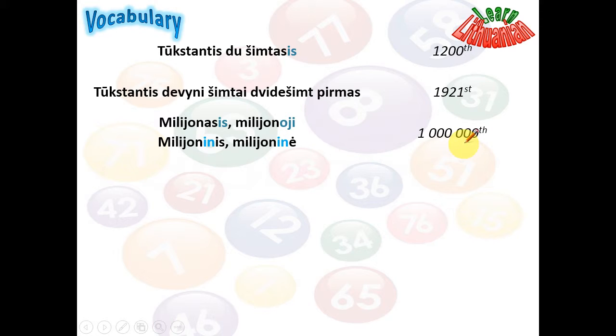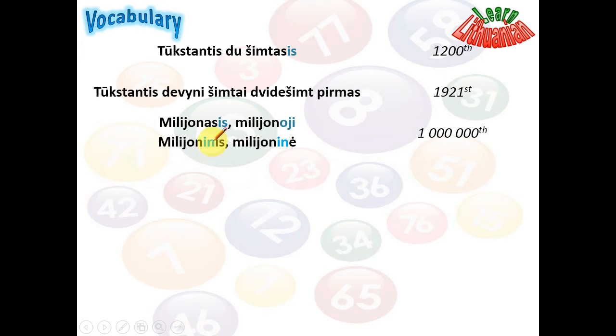Now we came to the number 1 million. Milijonasis, milijonoji. Just like with thousands, you can say tūkstantasis, tūkstantinė, or milijonasis, milijoninė, milijoninis.